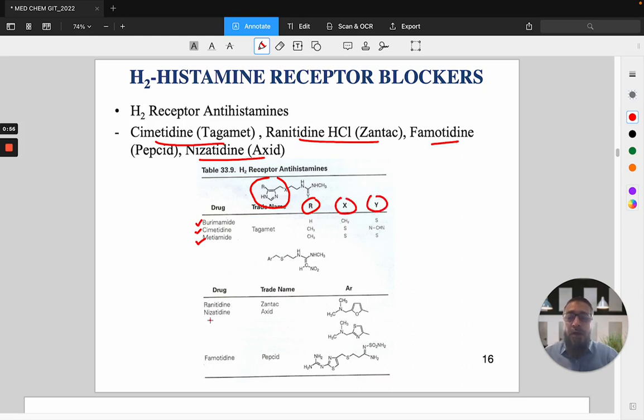In the case of ranitidine, nizatidine, and famotidine, the basic skeleton is this. The only difference is the aromatic ring, right?